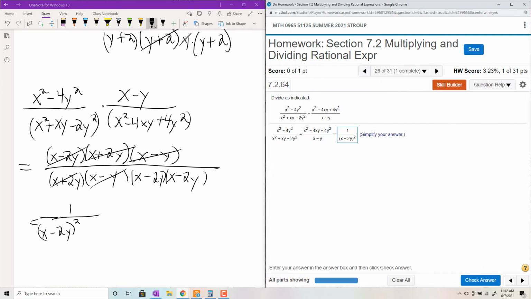Oh, sorry, folks. What did I do wrong? x plus 2y, x minus 2y. Maybe it doesn't like the fact that I put the square there.